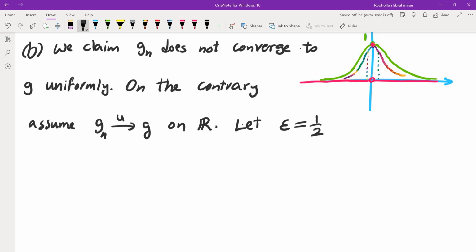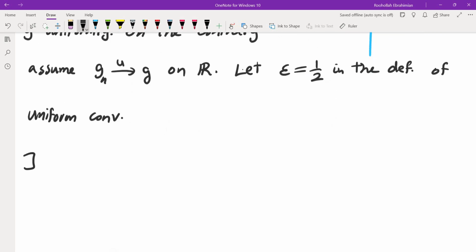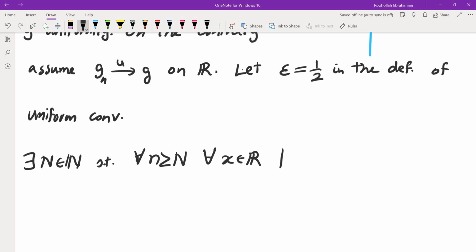Let epsilon be 1/2 in the definition of uniform convergence. So what we get is this: there is some capital N in the natural numbers such that for every n greater than or equal to N, and for every x in R, the distance between Gn of x and g of x is less than 1/2.